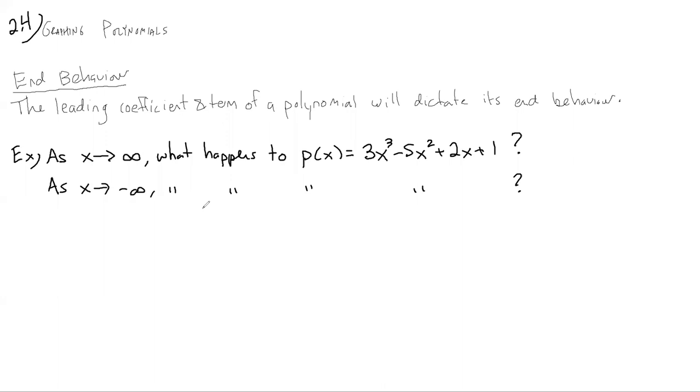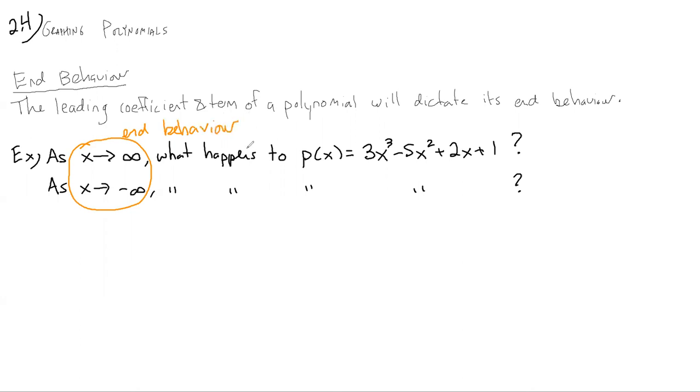So we're going to look at what happens as x gets very, very large. This is what we would call the end behavior. So either your left or your rightmost ends of the graph, right?